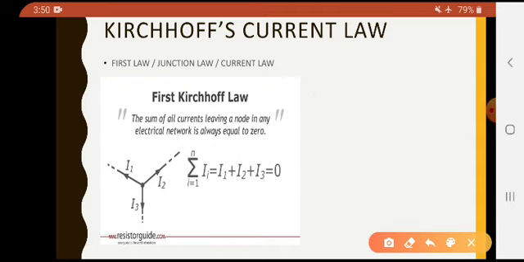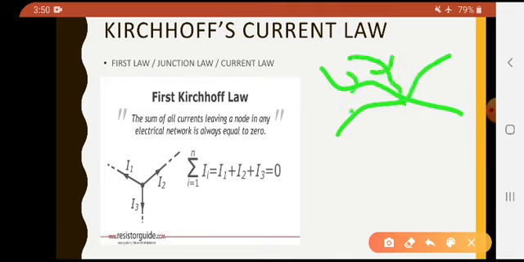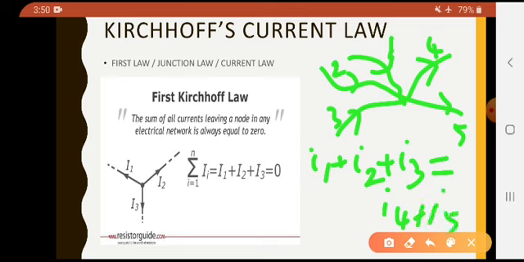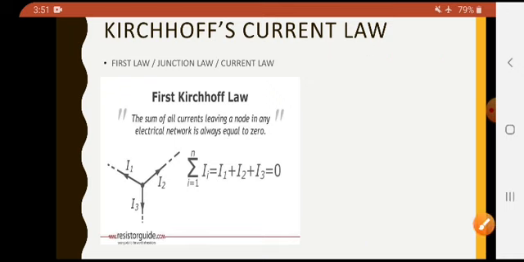Say, for example, 4-5 currents are there, 1, 2, 3 are coming inside and 4 and 5 going away. Now I1 plus I2 plus I3 equals I4 plus I5. So those going away are taken as minus and those coming in are taken as plus.